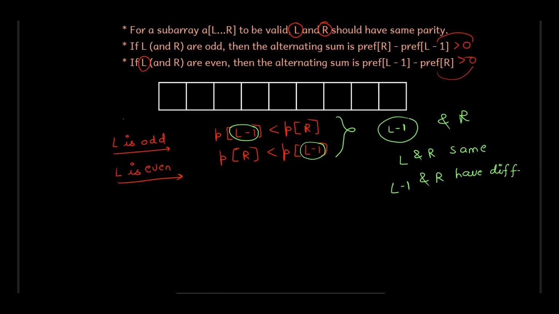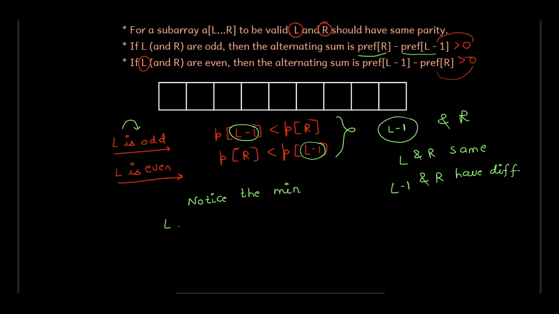So, okay, now when L is odd, then L minus 1 is even. Now notice the minimum value. We are only looking at two quantities, which is prefix R and prefix L minus 1. So notice the minimum value between them.